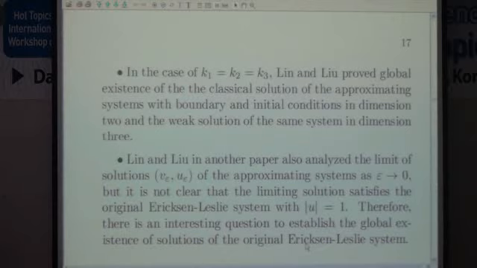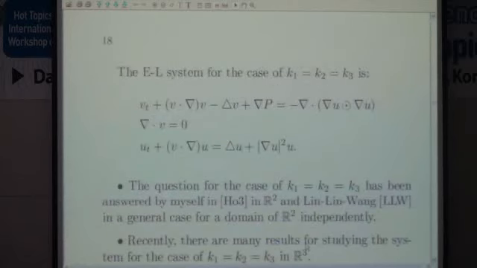So therefore, there was an open question for many years in this area, even in the 2-dimension case, and in their paper they could not do it. And so just recently, so this is the system. For the simple case, it's like a Navier-Stokes with harmonic maps equation, and then the limit case, what has happened for K1, K2, K3.